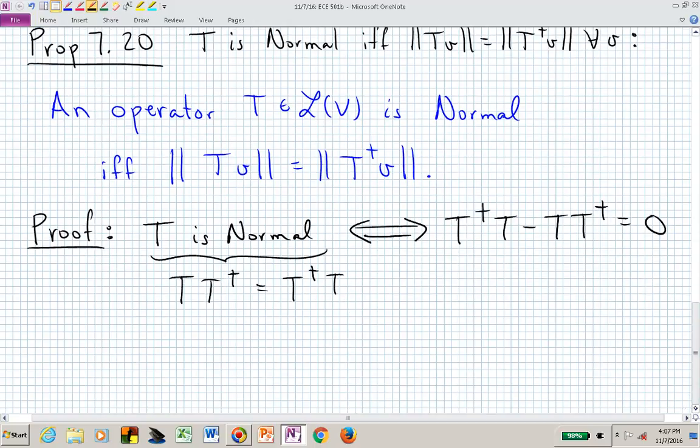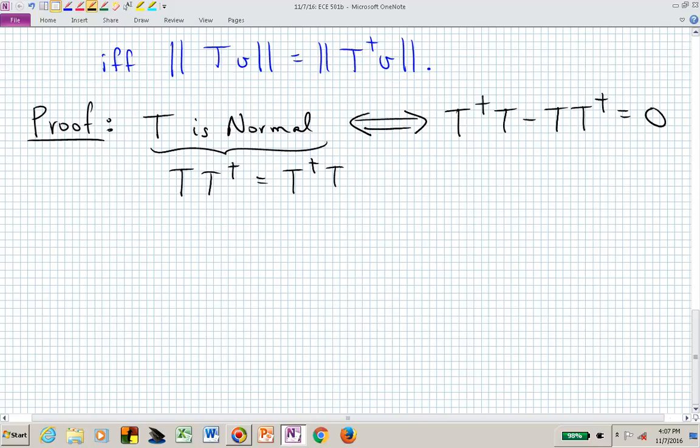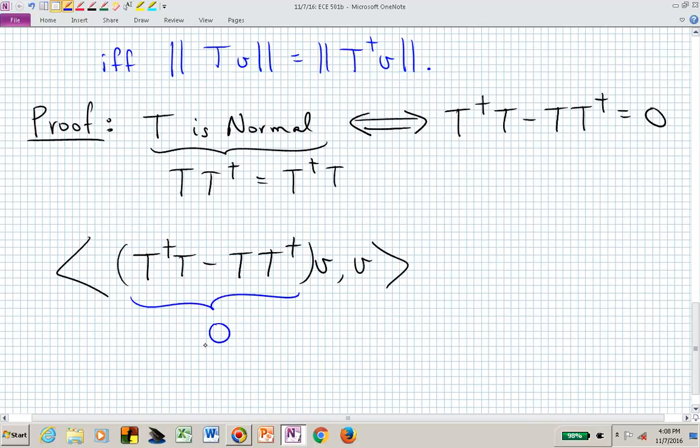If we now use that as our zero operator, we can now form an inner product. We can now say that the inner product, in the first slot of that inner product, let's say we have T dagger T minus T T dagger operating on a vector V. And now in the second slot, let's keep that same vector V. If we now recognize that this is the zero operator, what do we know is the result of that inner product?